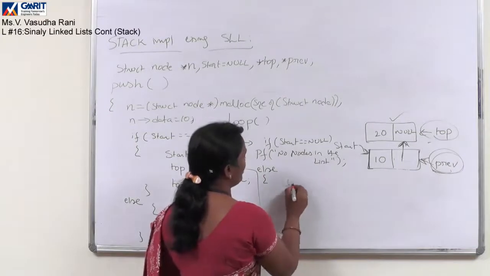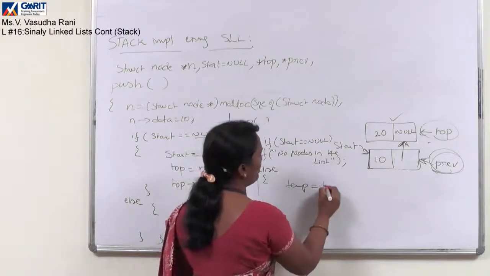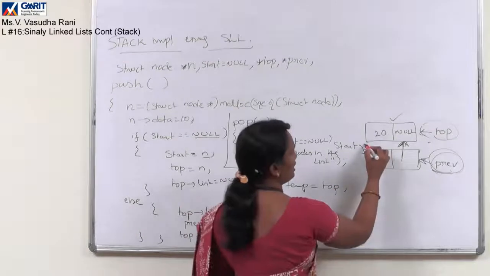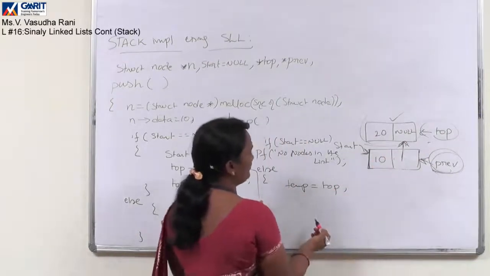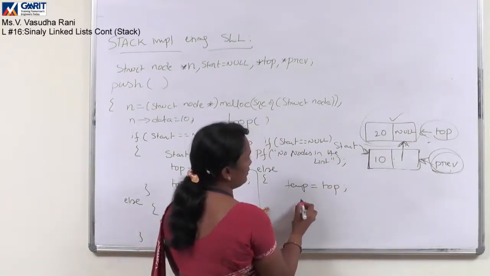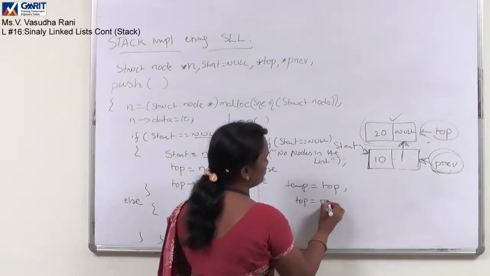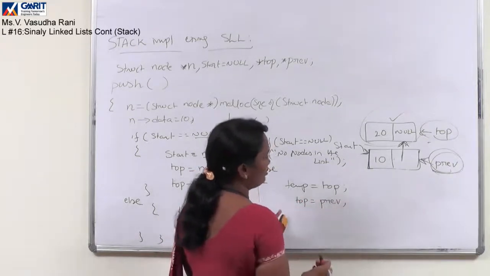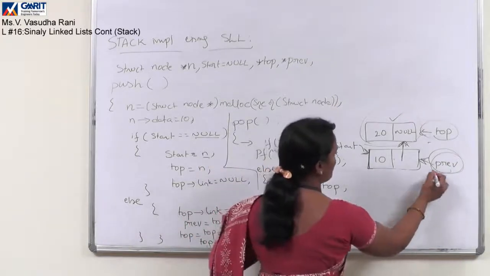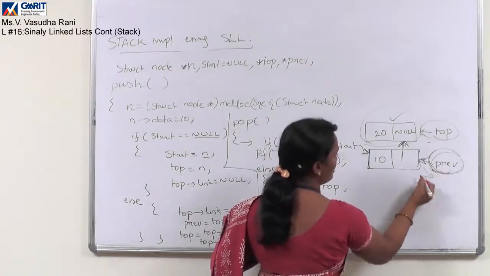So we have to use a temporary pointer here. Temp equal to top: we store the current top into a temporary variable. Then we make top equal to previous node. So the previous node's address we have stored into top.